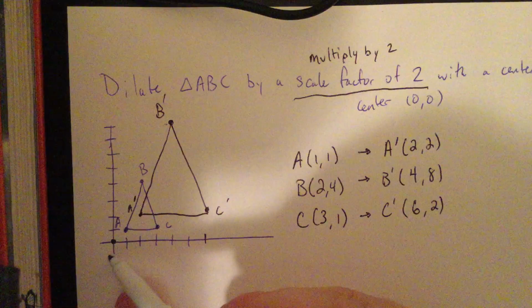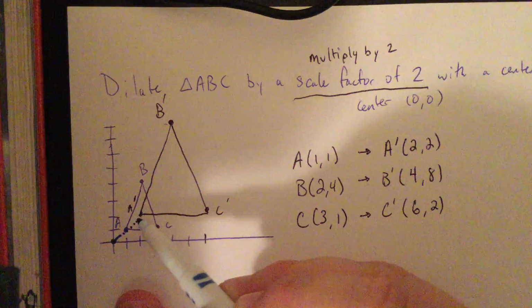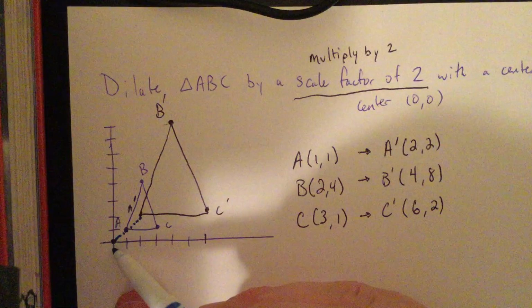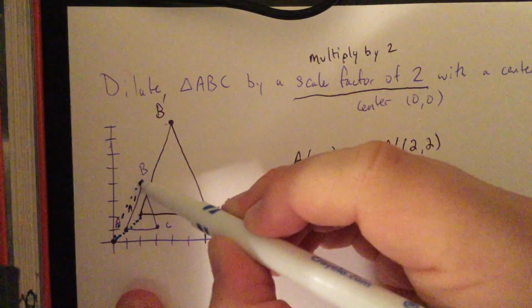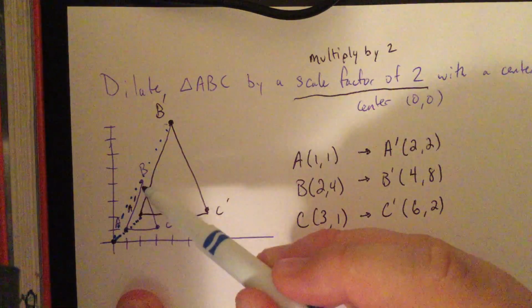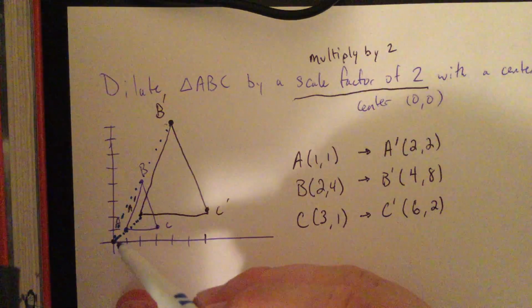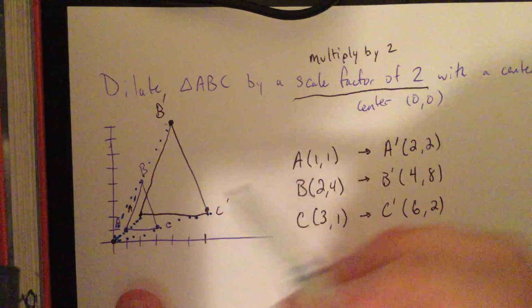Here's our center of dilation. I'm going to draw a dashed line. It connects the center of dilation, A and A prime. Draw another dashed line. It contains the center of dilation, B and B prime. Draw another dashed line.